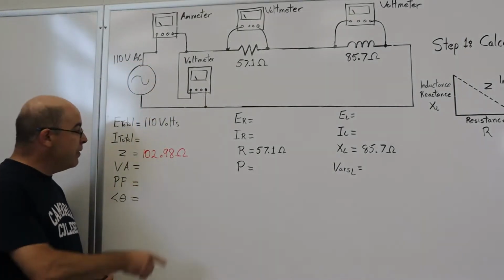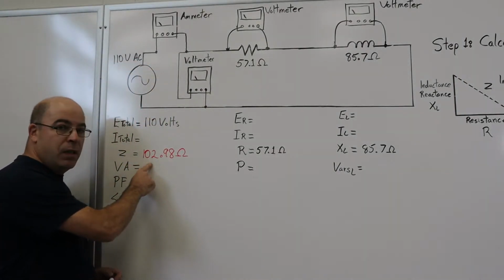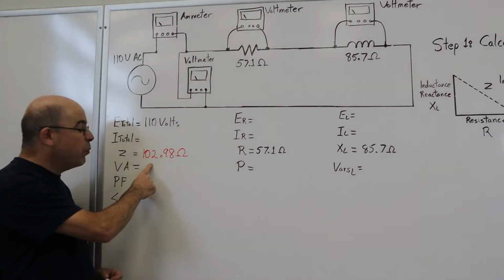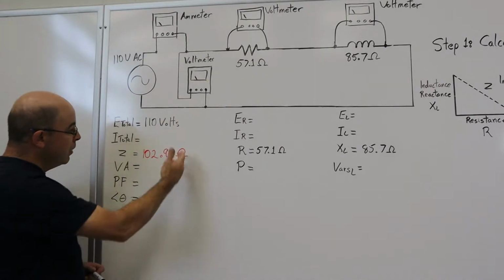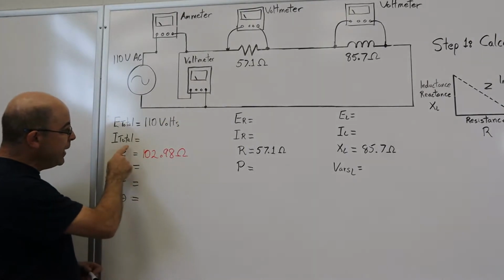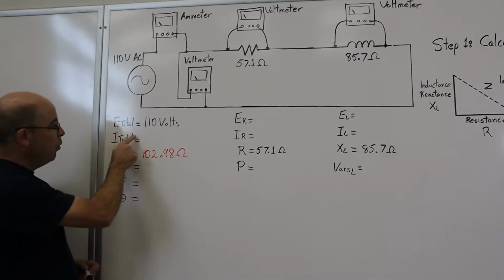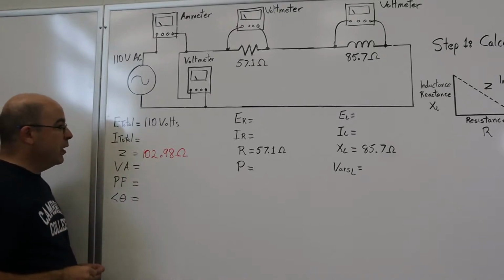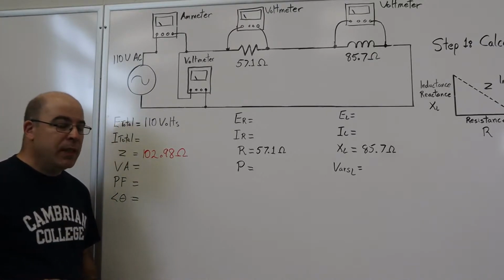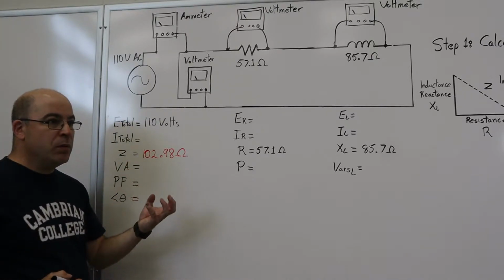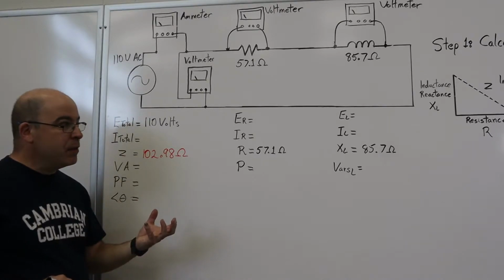I've gone ahead and put down the values we've just calculated for step 1. Now, of the values we have, I can actually use Ohm's law to calculate the total amount of current for the entire circuit. What's more important is one of the rules that govern a series circuit.